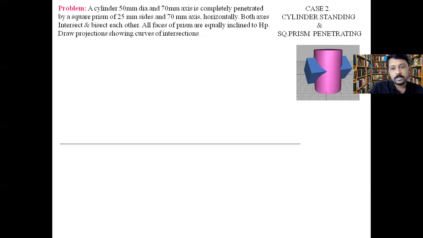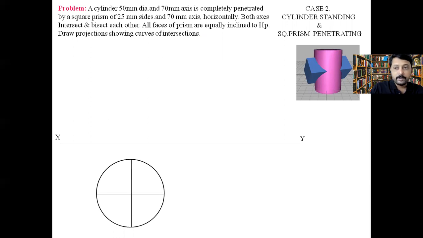First we have to draw the horizontal plane x, y. Draw the top view of the cylinder. How much is the cylinder diameter? It is 50 mm. So we have drawn a circle of 50 mm, because when you see from the top, we get this circular part of the cylinder.